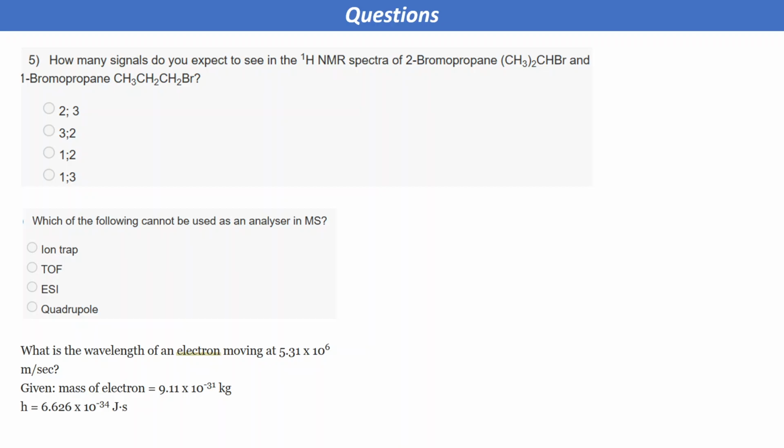Which cannot be used as an analyzer? ESI, correct. Why? Because ESI is an ionization technique, and ion trap, TOF and quadrupole are all analyzers. The answer will be ESI.